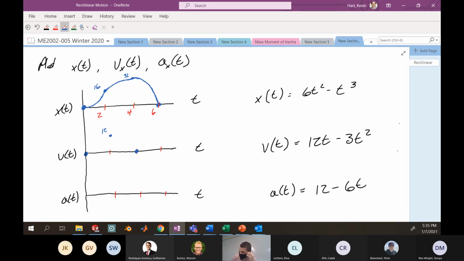And at 6 seconds, we actually go way down here to negative 36. If you want this to be meters, it'd be meters per second.